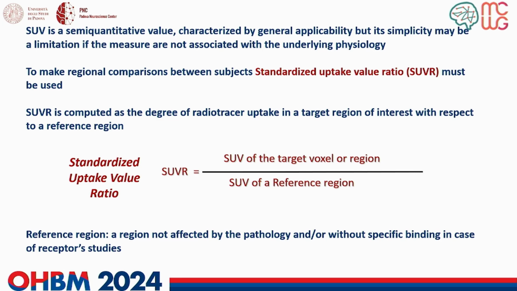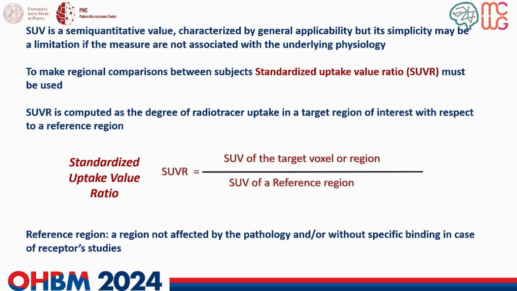So in order to standardize this too, we can use not SUV, but SUVr. So we use an additional normalization of the images using a reference region. This is also a critical point, because this reference region is supposed to be a region not affected by the pathology, okay?